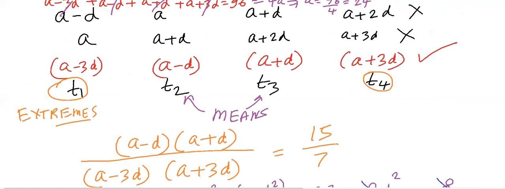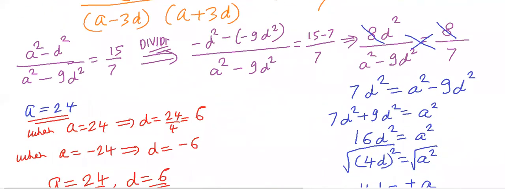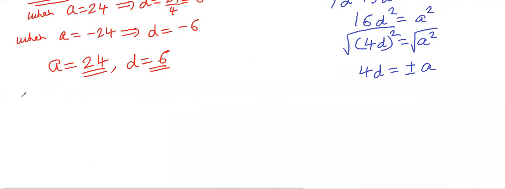What are those 4 parts? First part will be A minus 3D. 6 3s are 18. So 24 minus 18 is 6. This is 6.